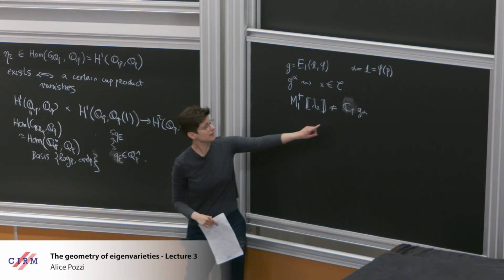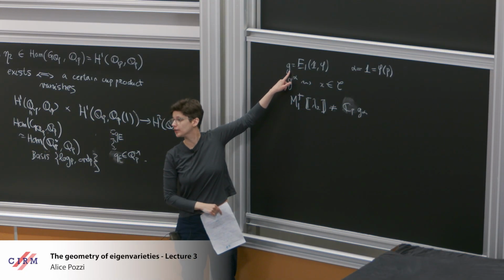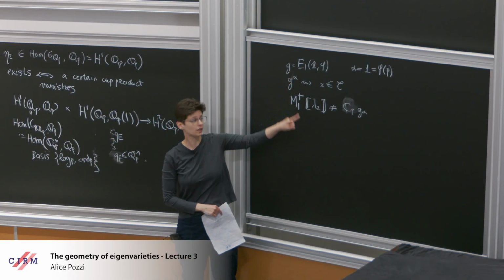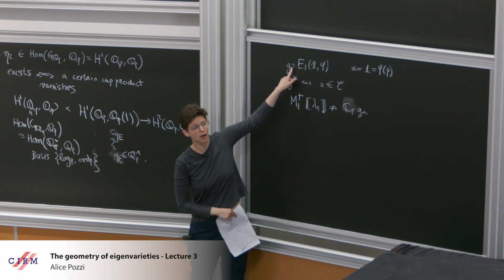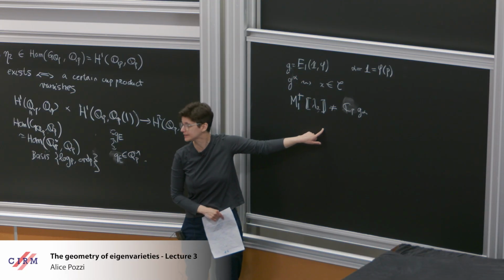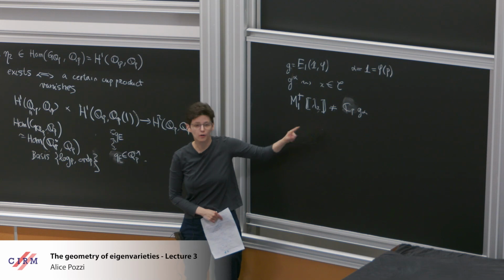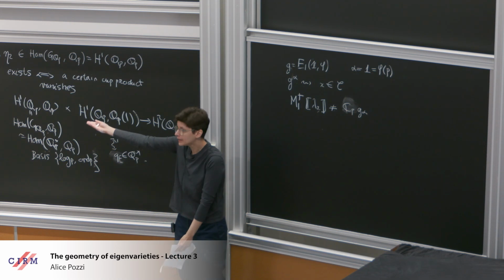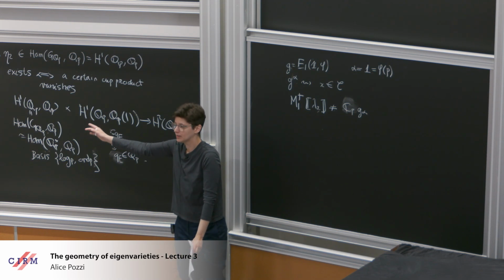Because at the very least, it contains the element G as well. So G, the non-stabilized version, is a generalized eigenvector, which already tells us that the eigencurve is not étale, and indeed we found two families.